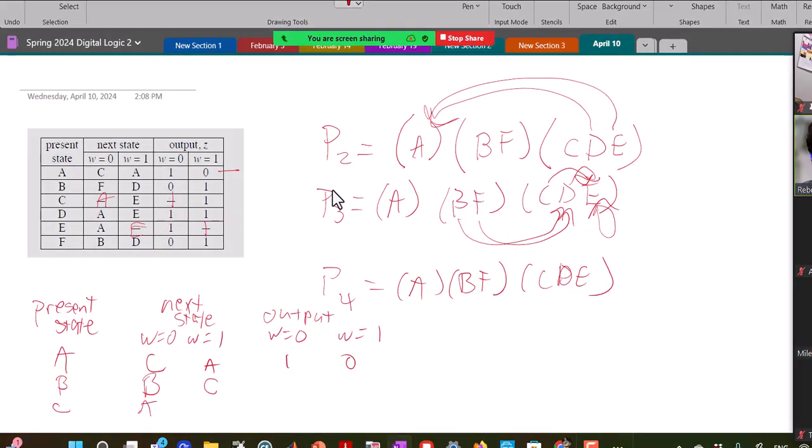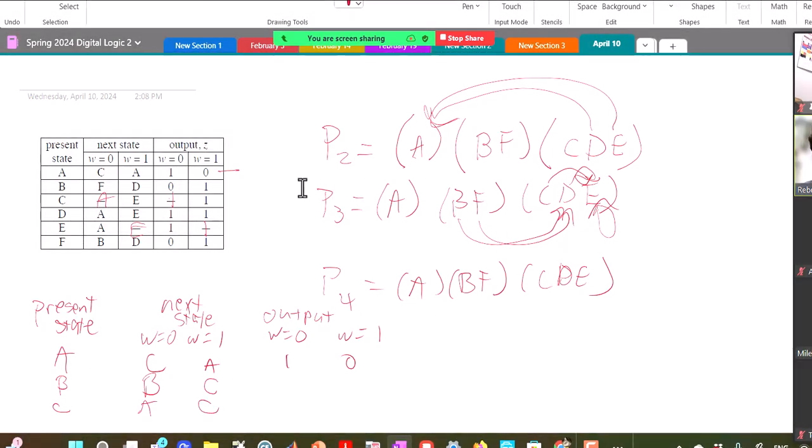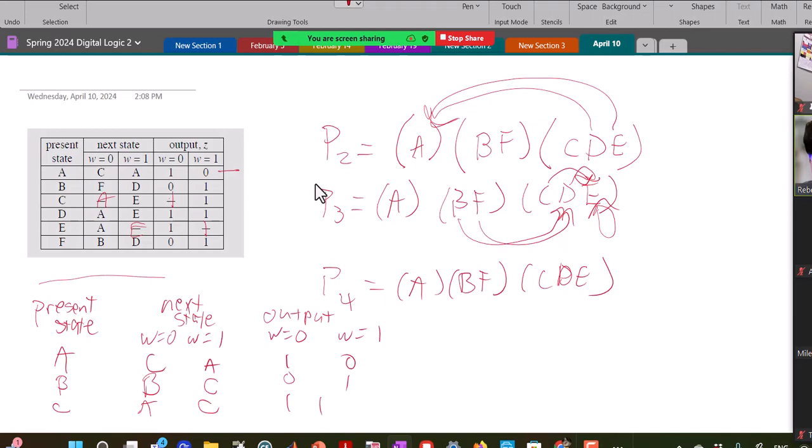C is A, and E is group C. And output for B is 0, 1, and for C is 1, 1. So this one is a little better than the first one. And you don't really know that until you try it.